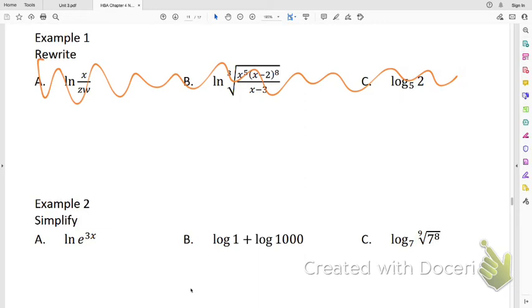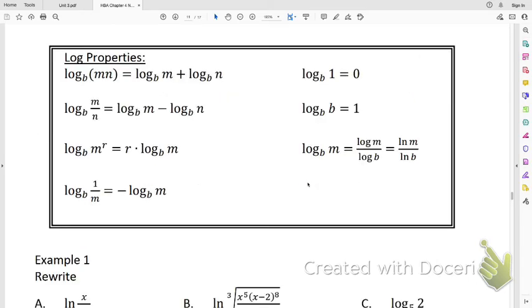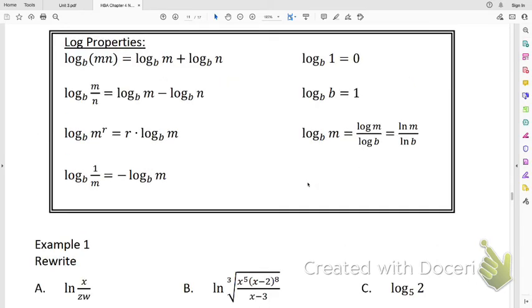So our log properties above say that we can take a log of 2 things that are multiplied. And if you remember these log properties from Algebra 2 and pre-calc, they work both directions. So I can take the log of two things that are multiplied and expand it to two logs that are being added. Or I can take two logs that are being added and condense them to one log where it's multiplied.